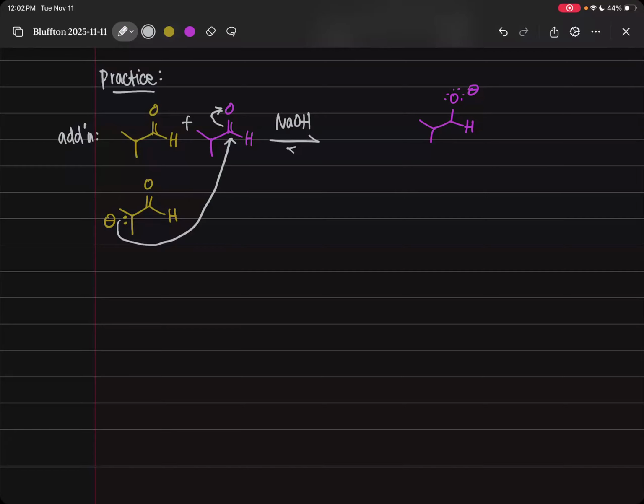So there's the first half. It's going to be connected by our new carbon-carbon bond to the second molecule that used to be the enolate.